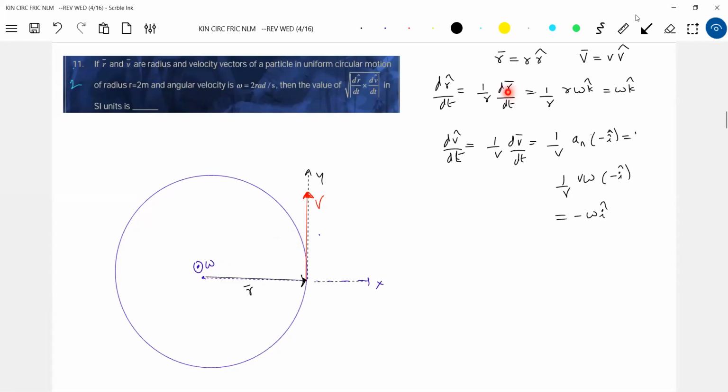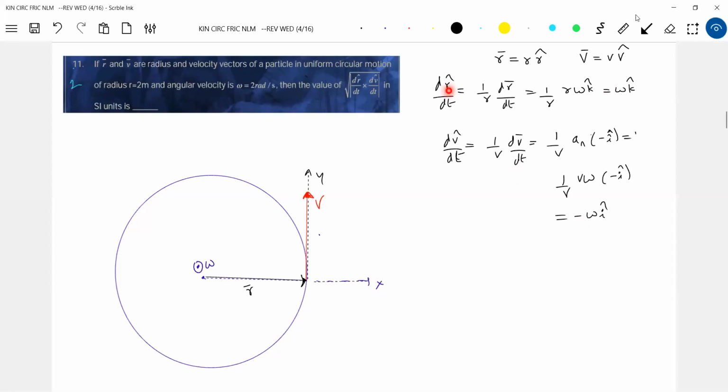Its length will be constant. Only its direction is going to change. Due to that direction change, we'll get that angular velocity will be directed along k. Then the tangential velocity, its speed will be constant but its direction is going to change. Due to the changing direction of motion, we'll get a normal acceleration. That's what we say is dv bar by dt.